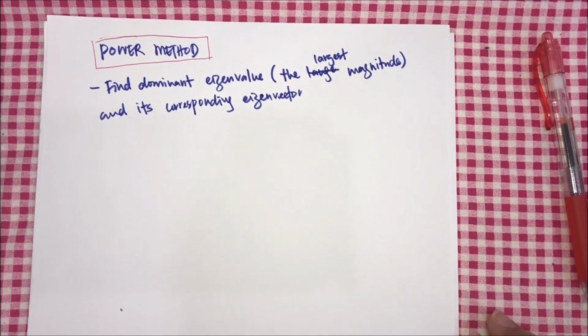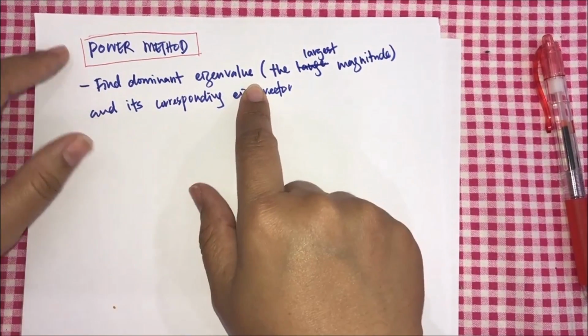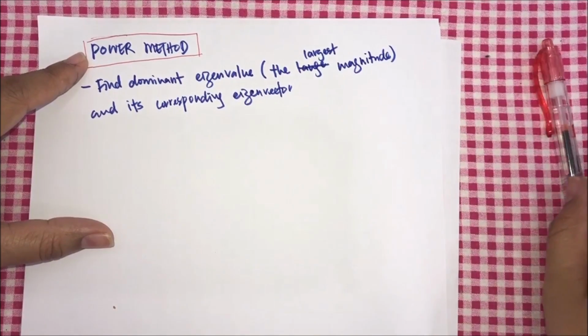So we can find the dominant eigenvalue using the power method.